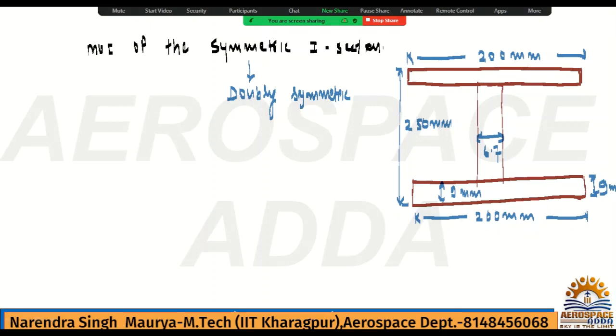Then what we'll do, we can check for the whole section. We need to calculate the moment of inertia. Let's say this is box 1, this is box 2, this is box 3. Now if you go for the calculation, and you want to calculate the value of Ixx, what will be the Ixx?